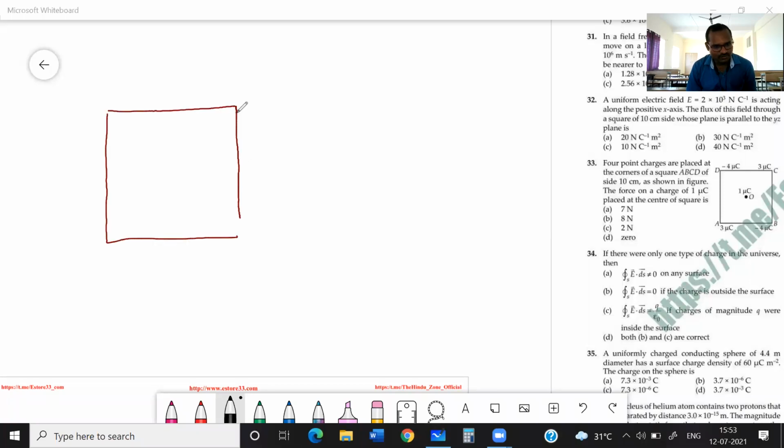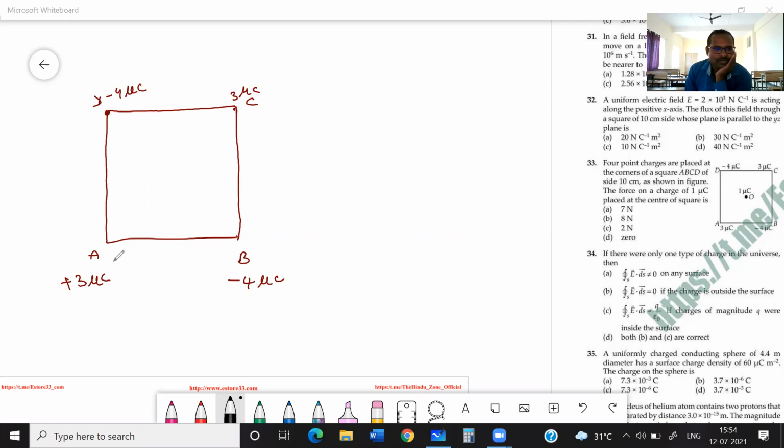Okay, perfect square, imagine. Now, A, B, C, D are the 4 corners of the square. At 4 corners, they have kept charges. Here 3 microcoulomb plus, here minus 4 microcoulomb, here 3 microcoulomb, here minus 4 microcoulomb they have placed.